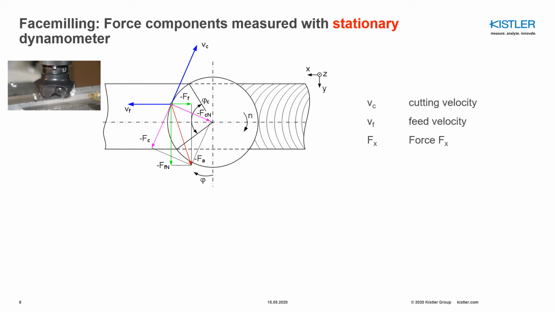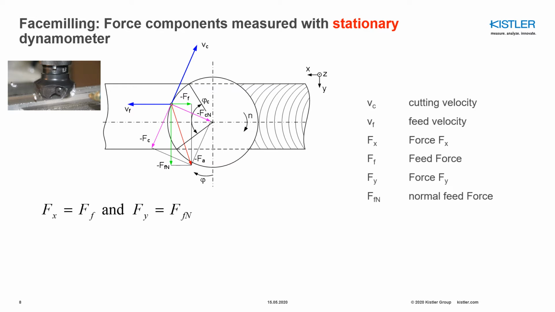And you have the force component Ff, which is shown here in green in the horizontal direction, and then you have the force normal to the feed, which you can see in the vertical direction, in the y direction. By utilizing these force components, you can calculate the active force, which is the vectorial summation of the feed force and the feed normal force.